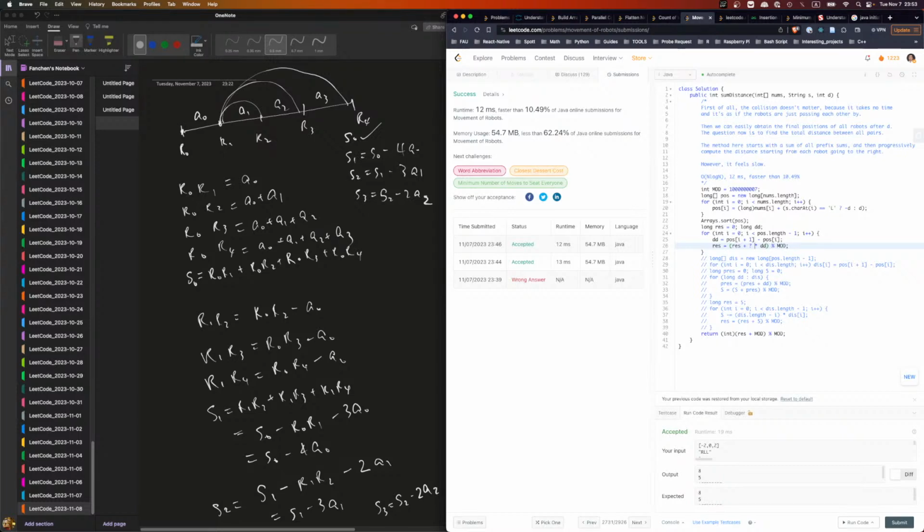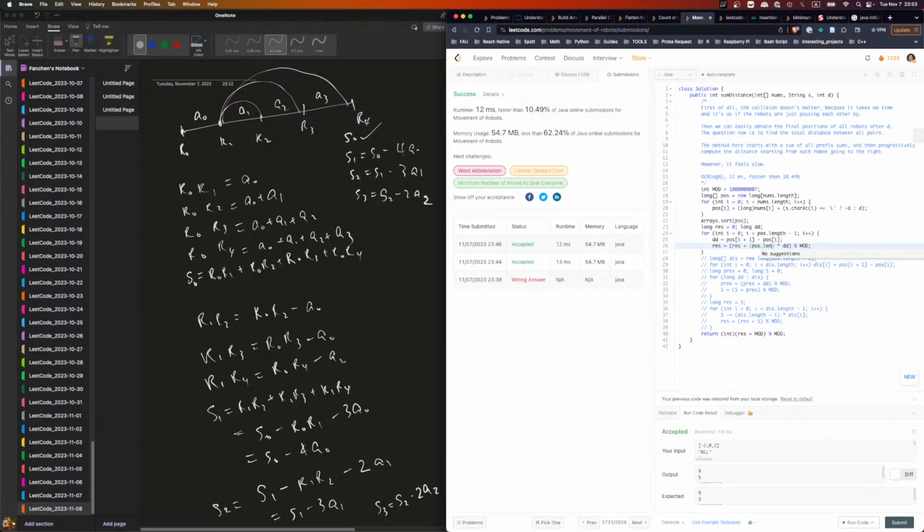Then res shall equal to res plus something times dd, and we'll mod it. So what is this something? Depending on how many times this one will get called, right? So how many times? It will be five, right?